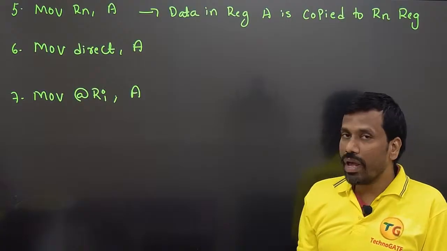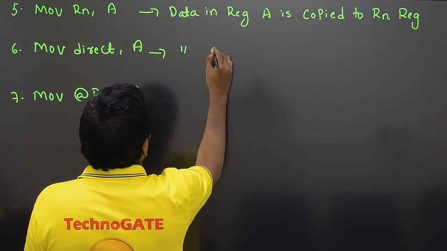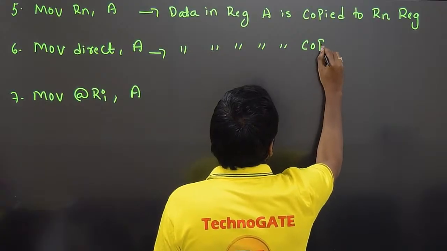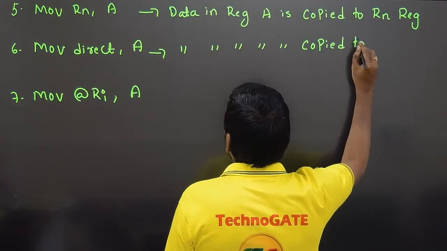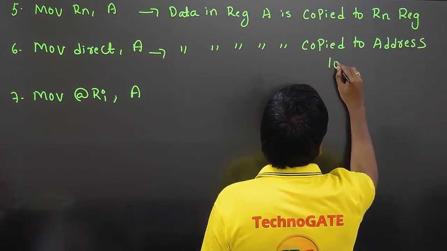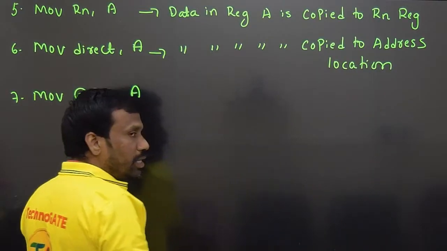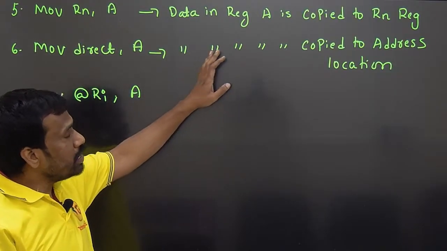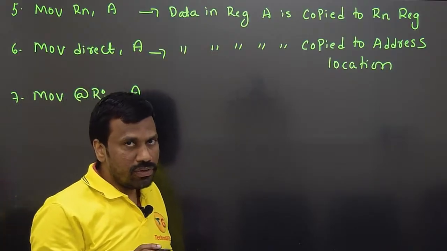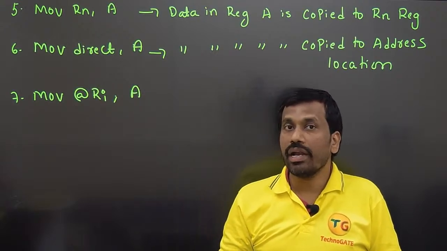Next, MOV direct, A. What do you mean by that? Data in register A is copied to the address location. Understood? Whenever you see the word direct, what you have to understand? It means address location.